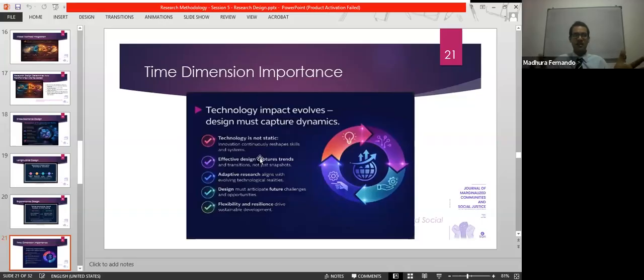Sometimes, say, there is a certain technological advancement in software development. Now, you can see some features. You can see the front end of that feature. Front end is very user friendly.